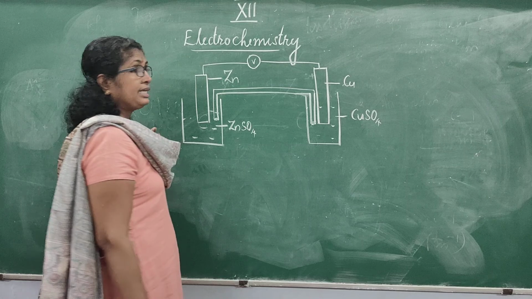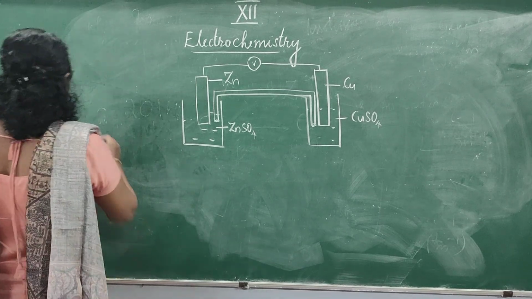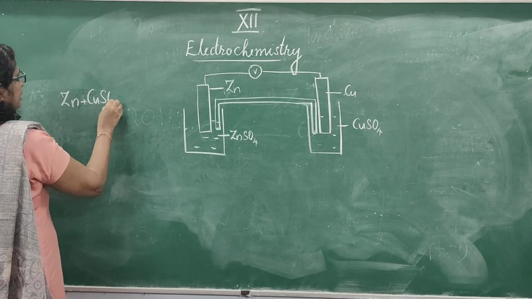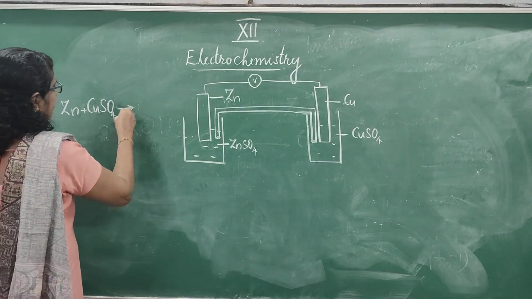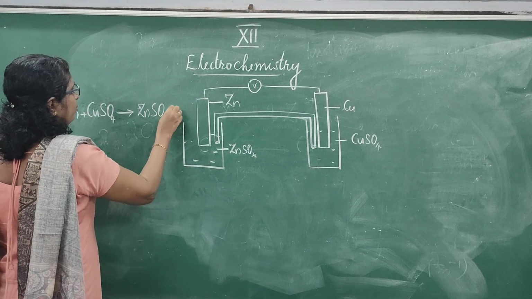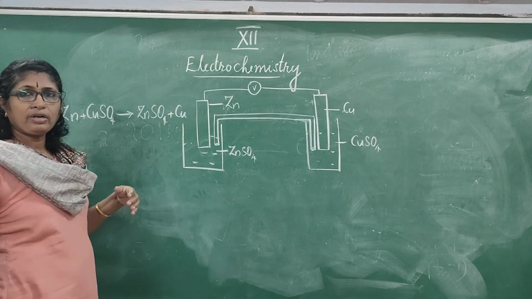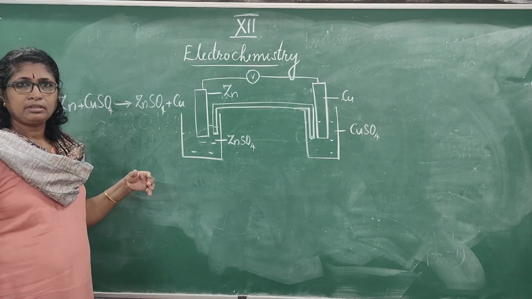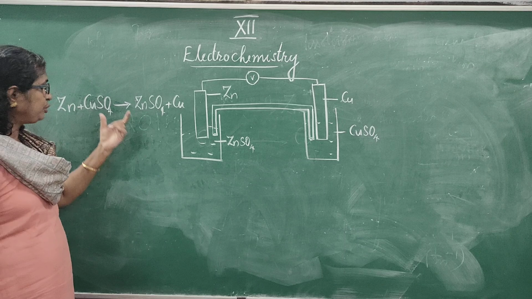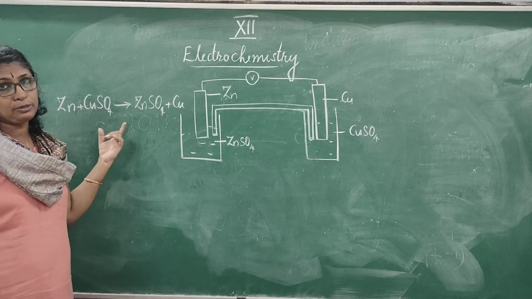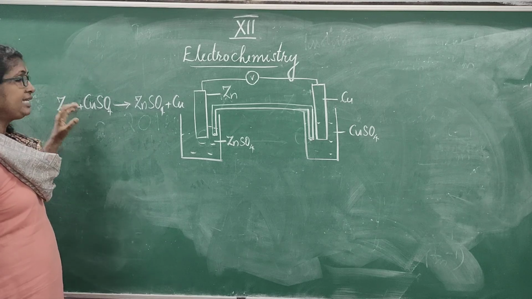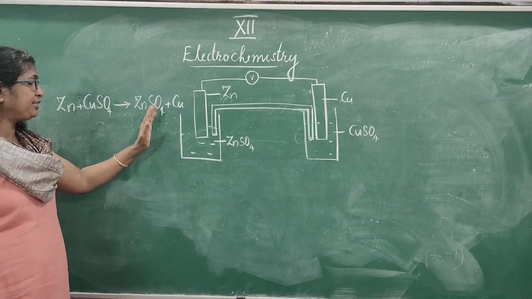You have studied the displacement reaction: when zinc is dipped in copper sulfate solution, zinc displaces copper from copper sulfate and becomes zinc sulfate and copper. Since zinc is more reactive than copper, zinc can displace copper from copper sulfate solution.